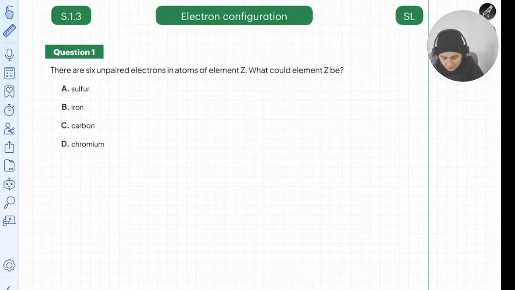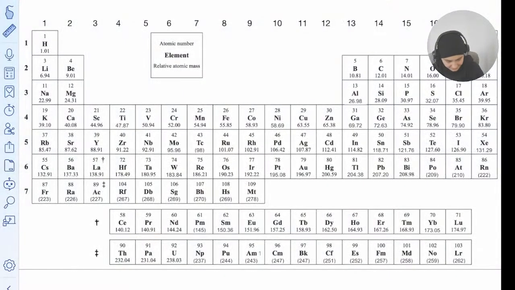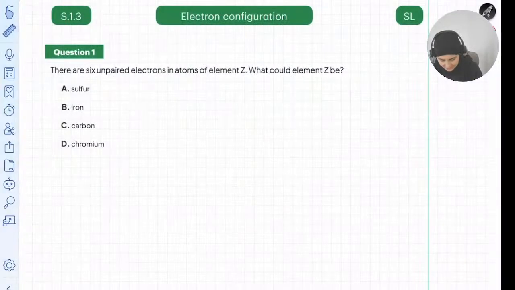So what we do, we need to check the electron configuration, right? Checking for sulfur. Sulfur, there it is, 16 electrons. Let's write an electron configuration.